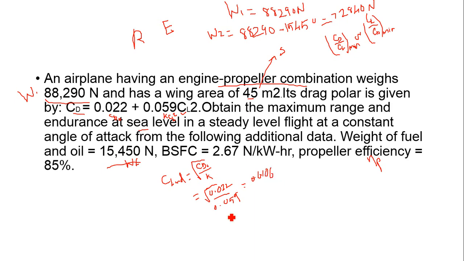This is for CLMD. Then CDMD is equal to 2 CDO, which is the formula, so with CDO equal to 0.022, 2 CDO is 0.044.